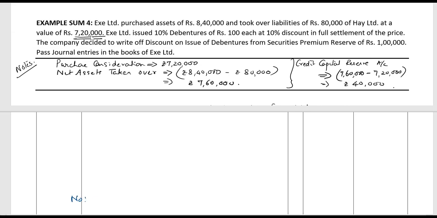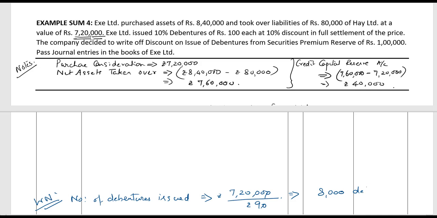Number of debentures issued is the amount of the purchase consideration to be settled by issue of debentures, 7,20,000 rupees, divided by the issue price per debenture, face value 100 rupees at rupees 10 discount, so it's rupees 90, which comes up to 8,000 debentures.